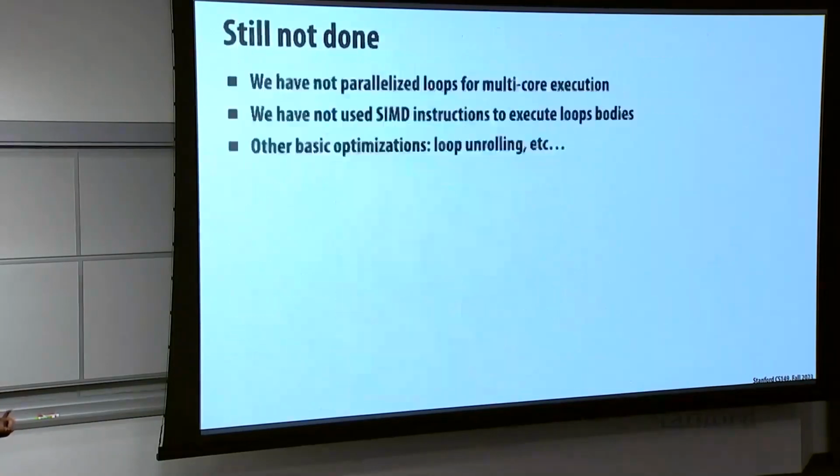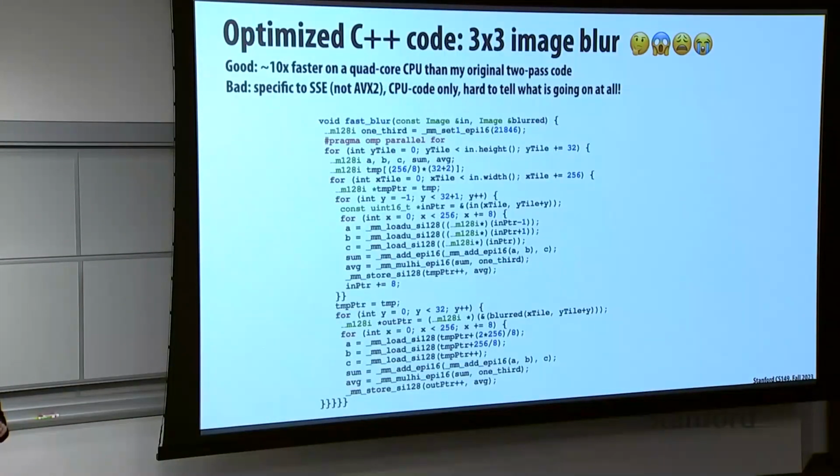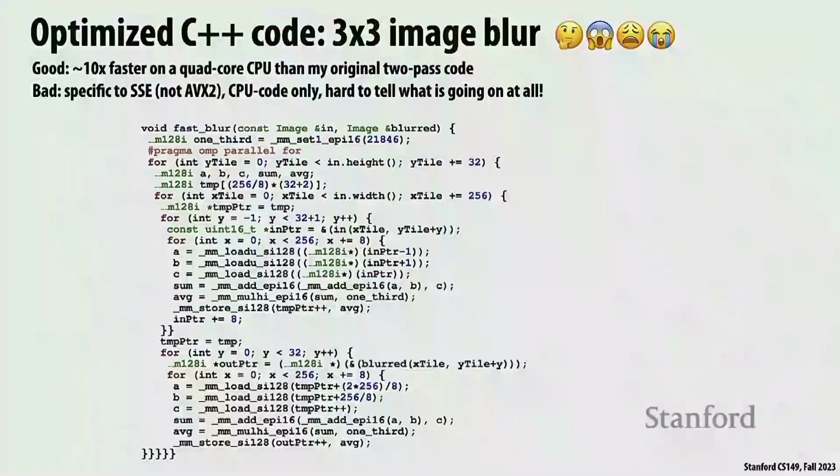The hard thing is, if I go back, how long it would take you to come up with this, right? Even if you knew what you were doing in 149, you don't know what the right answer is for a particular machine. Think about all the iteration you do on your programming assignments.